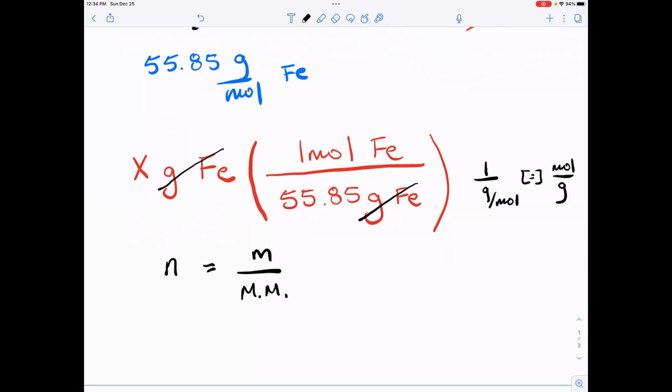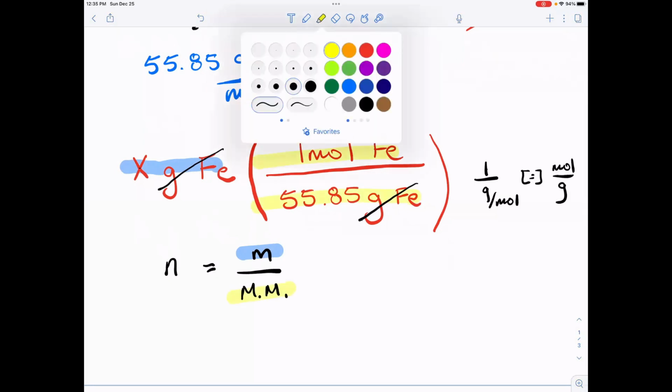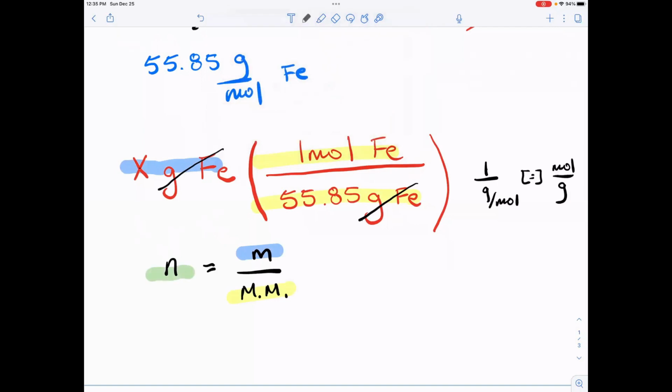Effectively, X, which is the mass in our case, which we'll call M, divided by this quantity, which is our molar mass, gives us our number of moles.